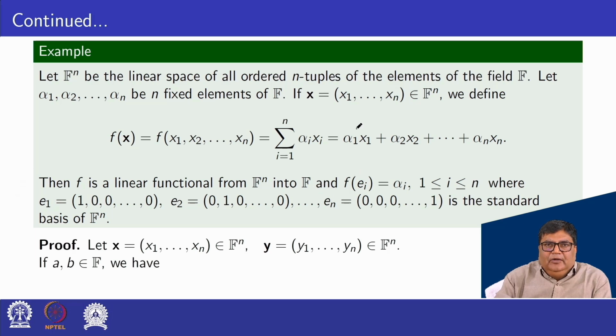and alpha i is f of ei, where i is equal to 1 to n, where e1 means the n-tuple (1, 0, 0, up to 0), and e2 is (0, 1, 0, dot dot dot, 0); these are n-tuples.